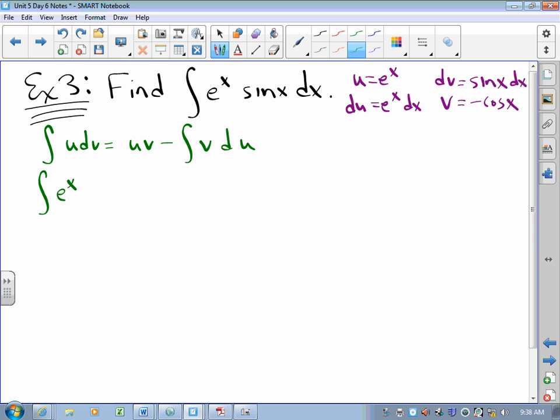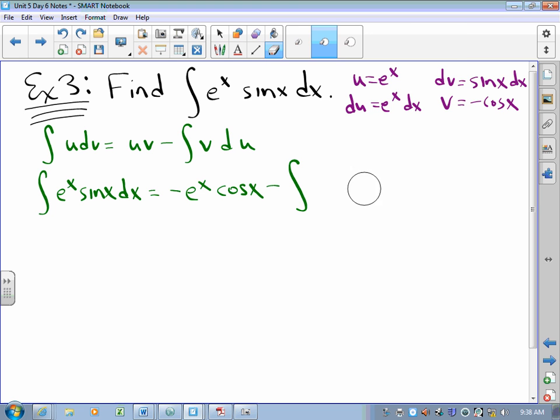The integral of e to the x sine x dx is uv minus the integral of v du. Oh, I'm going to skip that. v du. And the negative that's inside turns that around. Well, is the second integral easier to do than the first one?